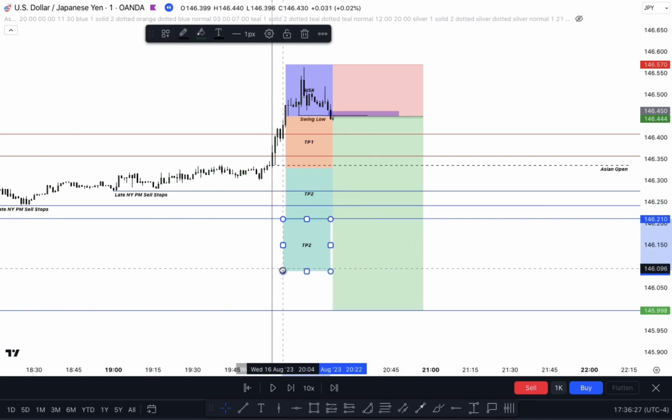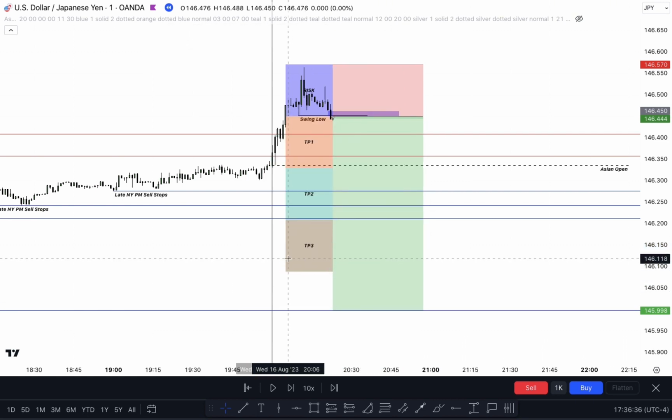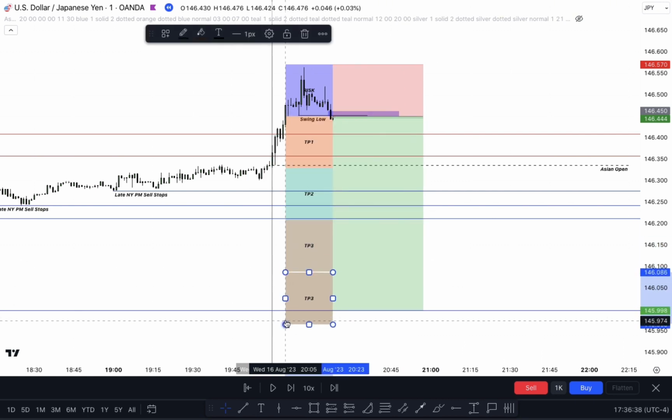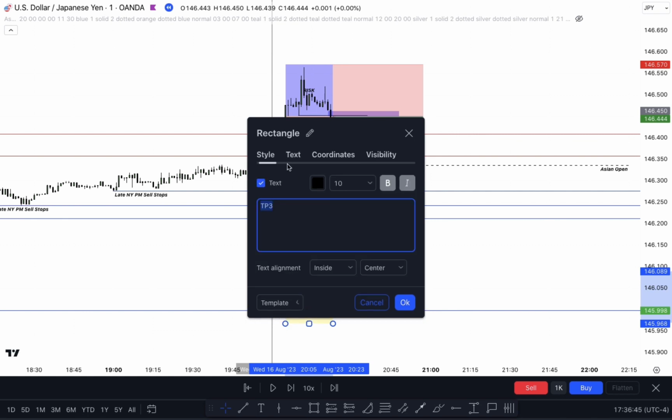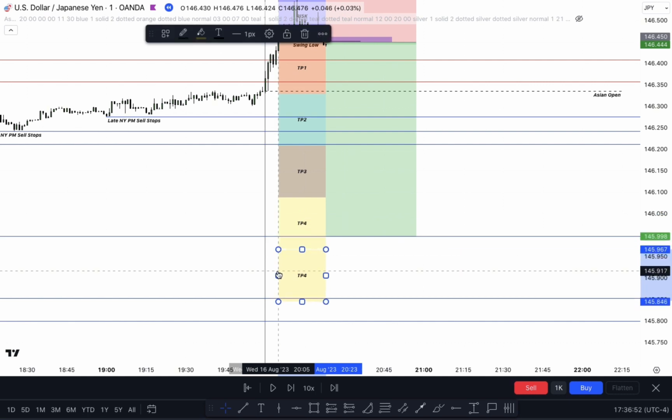And then you get the gist. You keep going down. TP3. Another color. TP4. TP5.